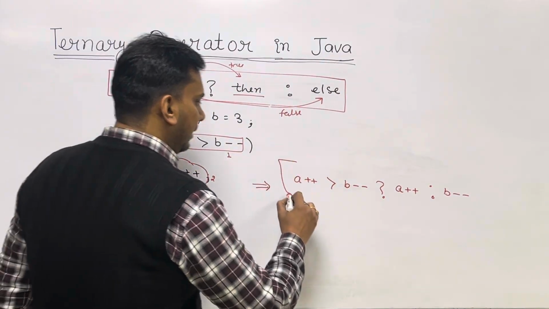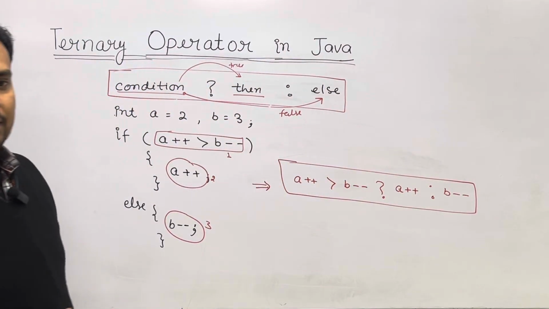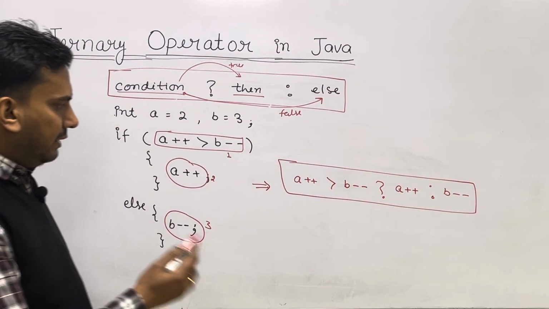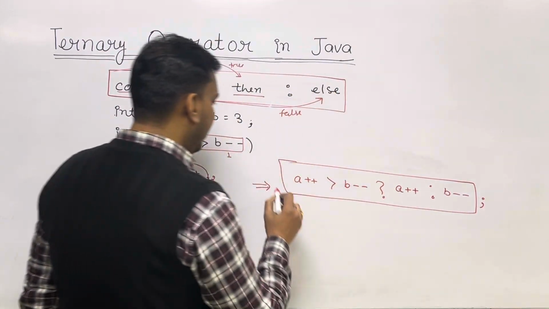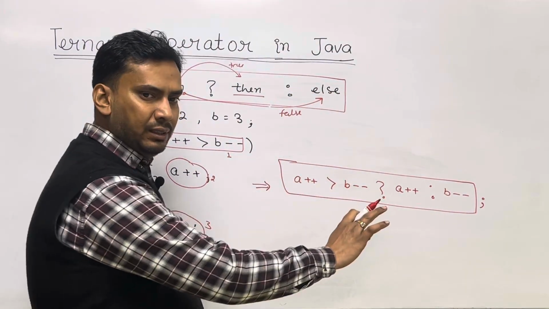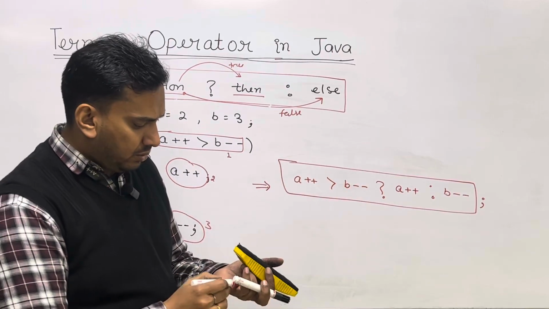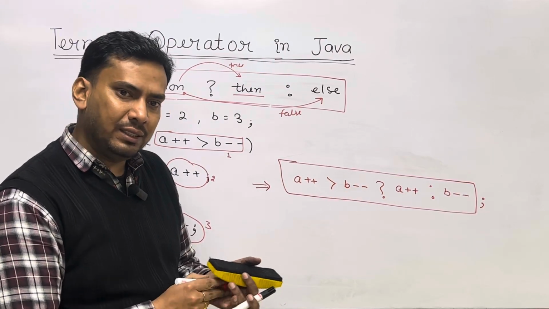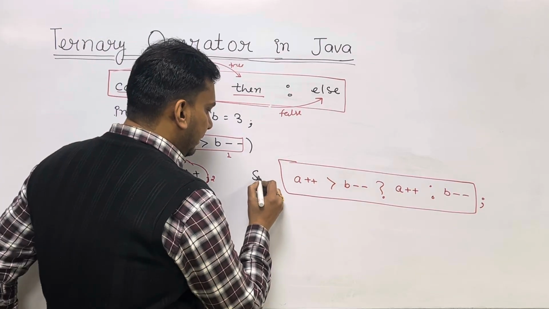So this is the conversion of this four-to-five-line code into a single line, and at the end, when you make it a statement, you put a semicolon. You can print it by putting it in System.out.println, and the value will be printed accordingly.